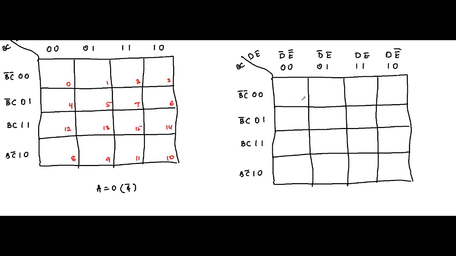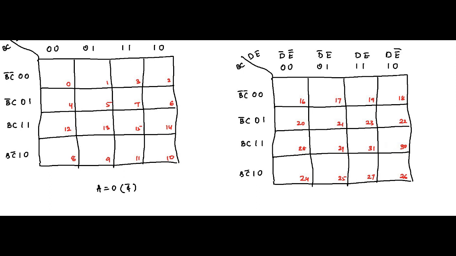Then from here it will be 16, 17, 18, 19, here 20, 21, 22, 23, then right down here 24, 25, 26, 27, 28, 29, 30 and 31.